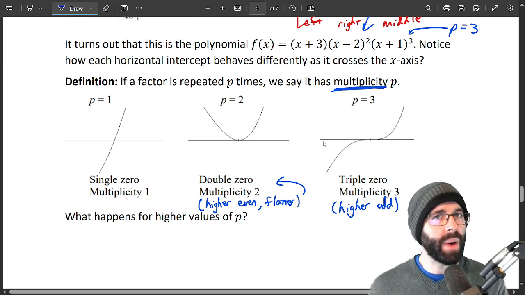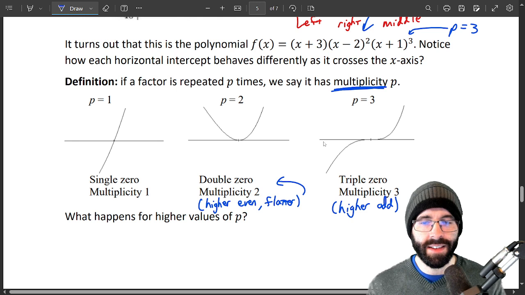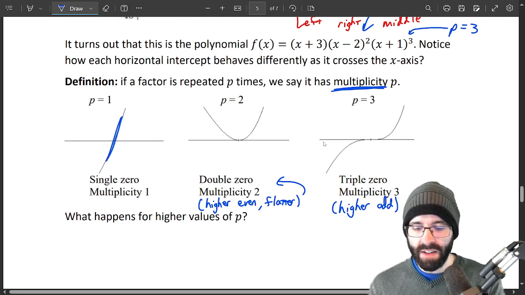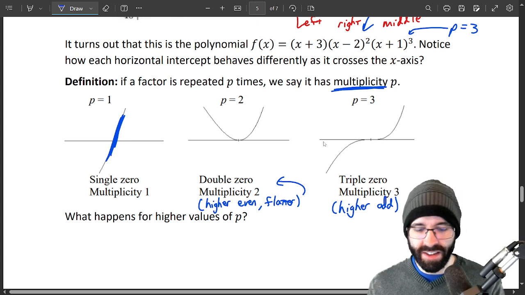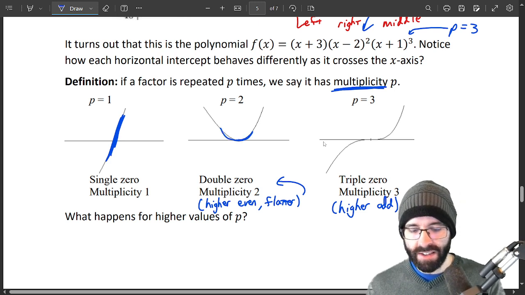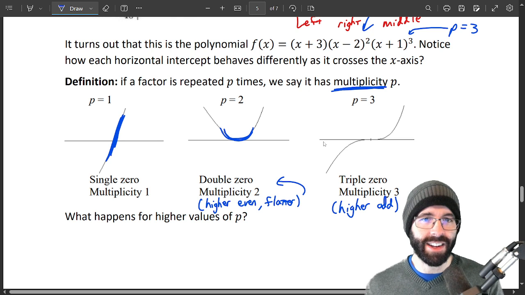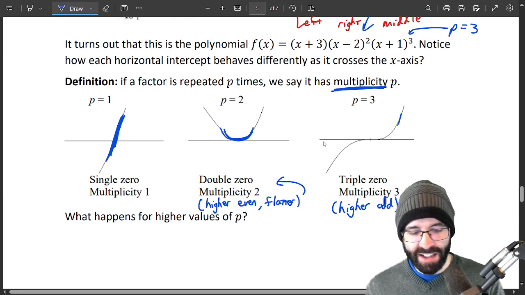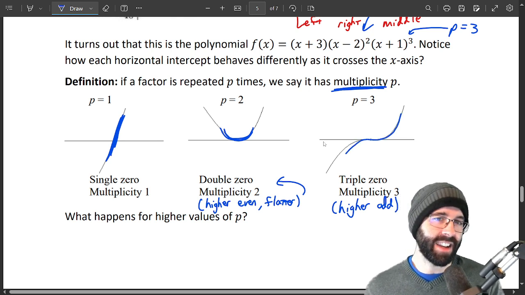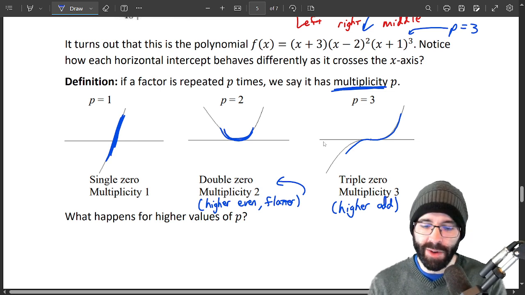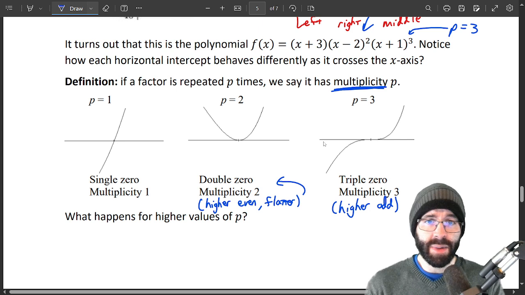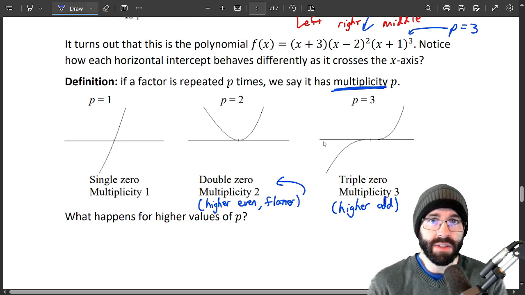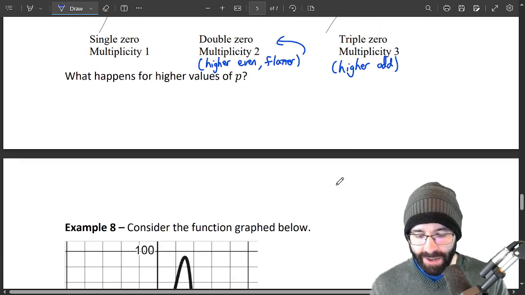And really what's going on, if we really zoom in, this kind of looks like a line, a first degree polynomial. If we really zoom in, this kind of looks like a parabola, a second degree polynomial. And if we really zoom in, this kind of looks like a cubic function, a third degree polynomial. And that's why higher degrees look the same: because higher degree monomials look like these same basic shapes. So that's really what we've got here.